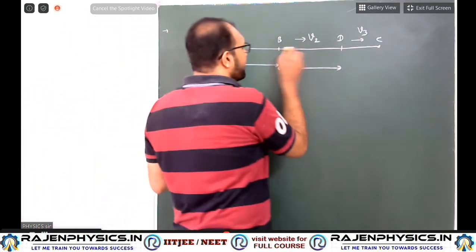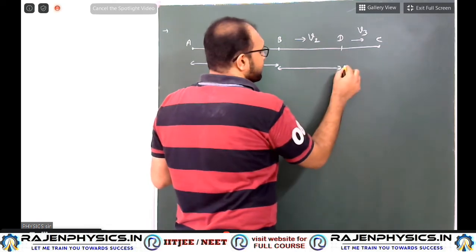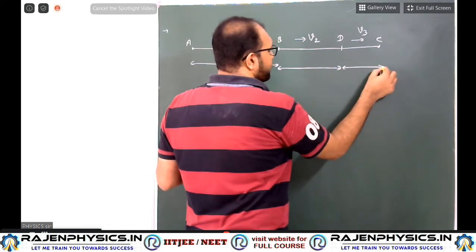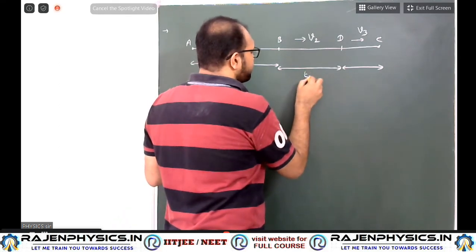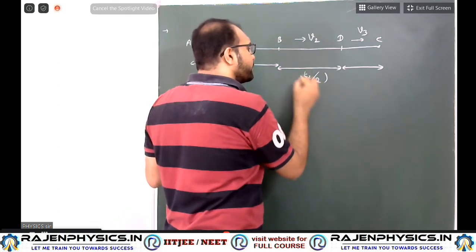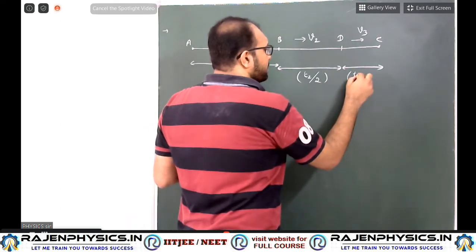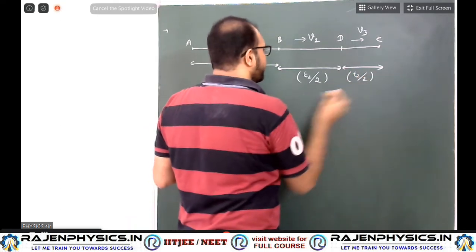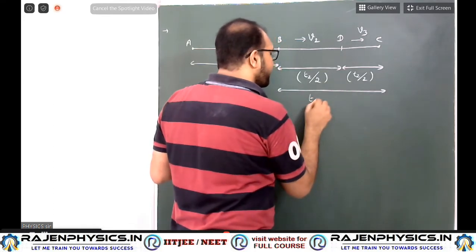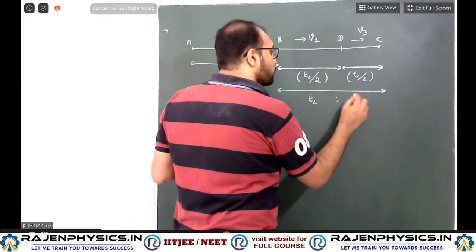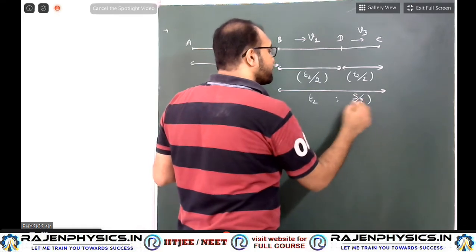Now this part and this part each take T2 by 2 time. The total time is T2, and the total distance is S by 2.